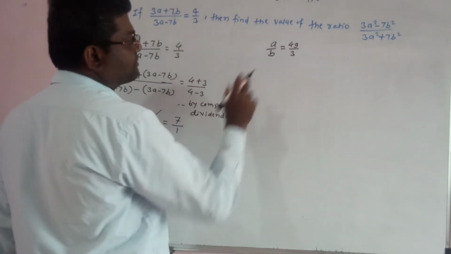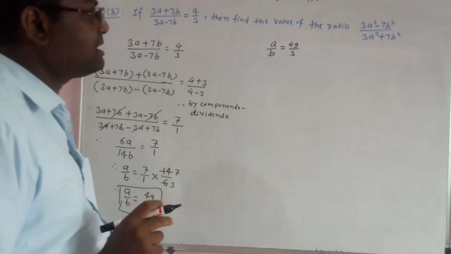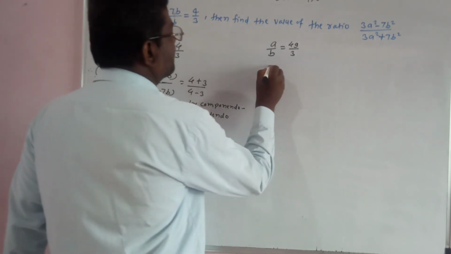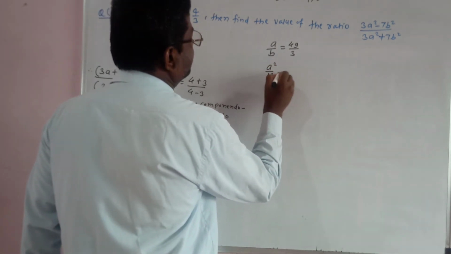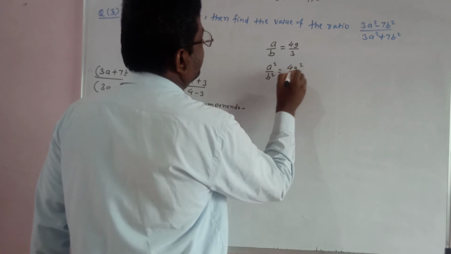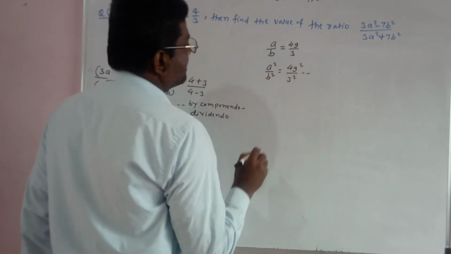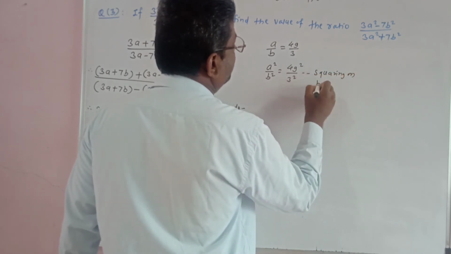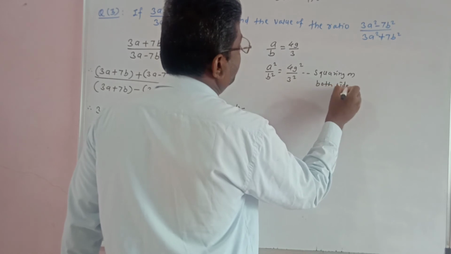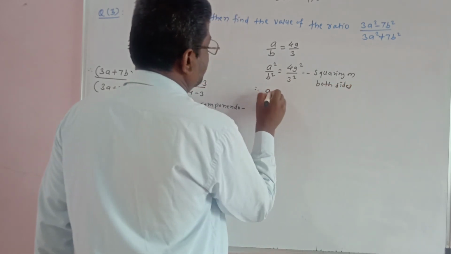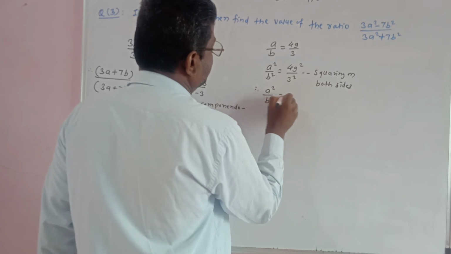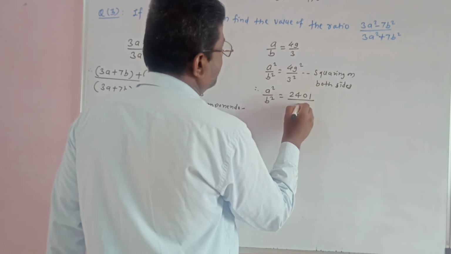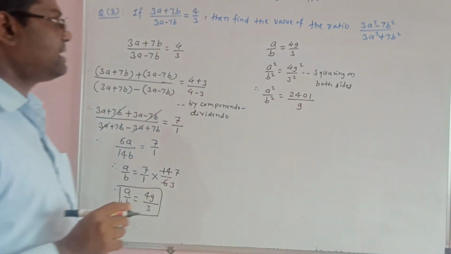Therefore we have to square on both sides of this equation in order to get the terms a square and b square. Squaring on both sides. Therefore a square upon b square is equal to 49 square upon 3 square. 49 square is 2401 and 3 square is 9 here.